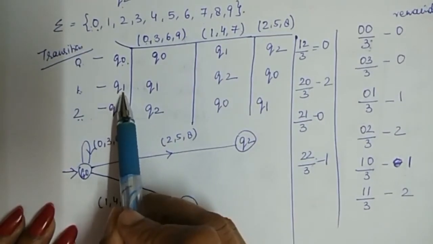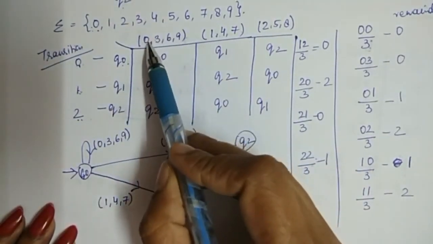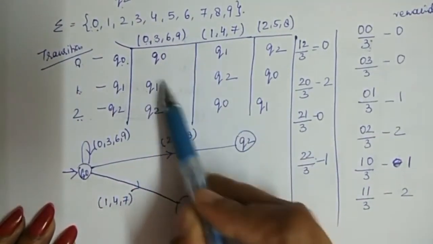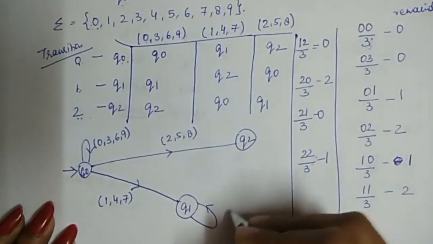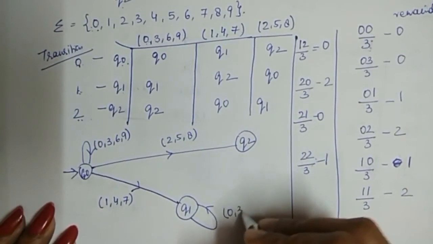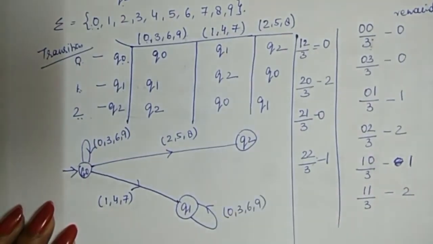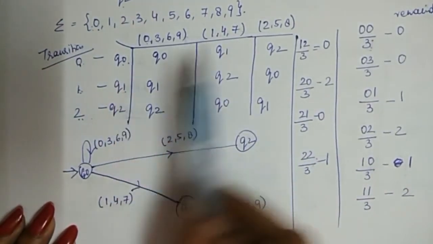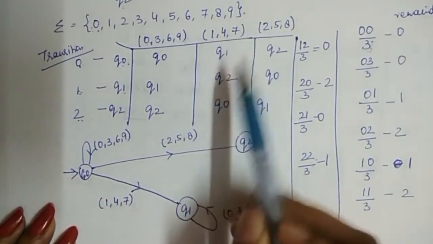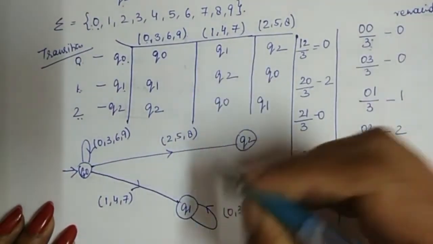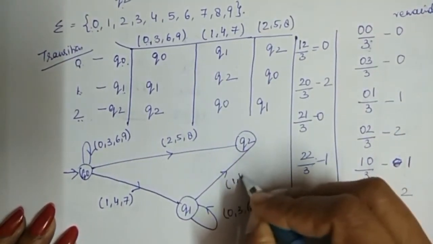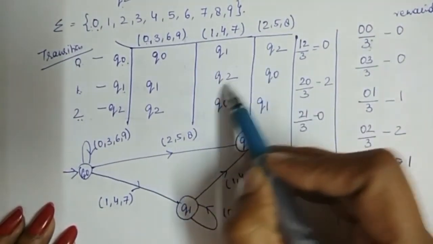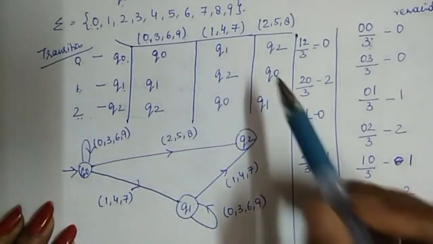Okay. Now for Q1, if the input is 0, 3, 6, 9, the state remains the same. So for Q1, here we create a self loop and the entry will be 0, 3, 6 and 9. Okay. Now for Q1, if the input is 1, 4, 7, then the state will be Q2. So from Q1, if the input is 1, 4, 7, the state will change and it will become Q2.